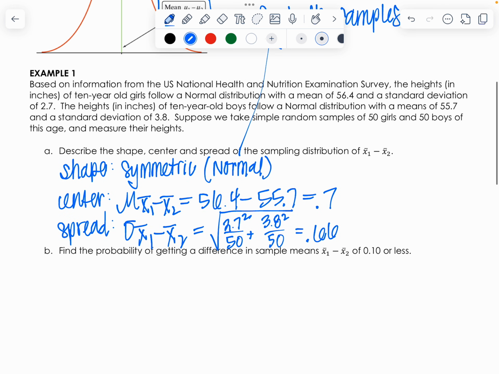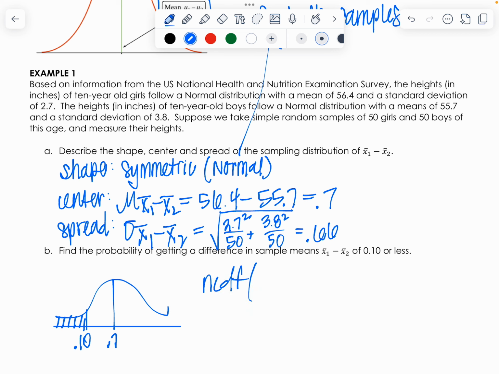Find the probability of getting a sample difference in sample means of positive 0.10 or less. So we know our mean, our average is 0.7. We're looking at 0.10, which would be to the left. That's lower than 0.7, or less. All right, so here we have normal CDF. We proved it was normal above.